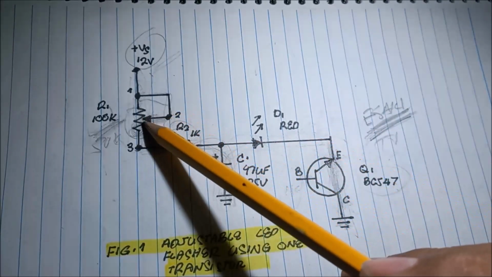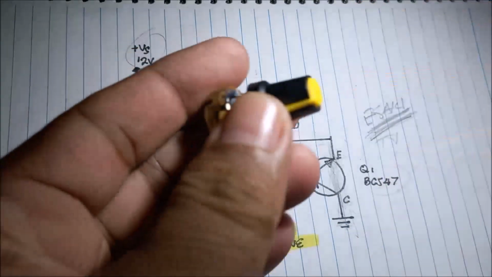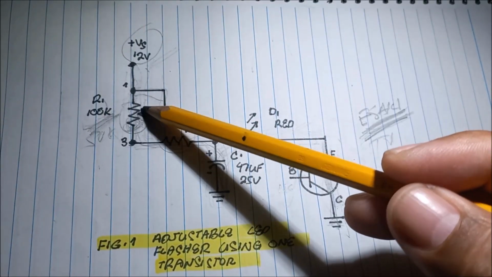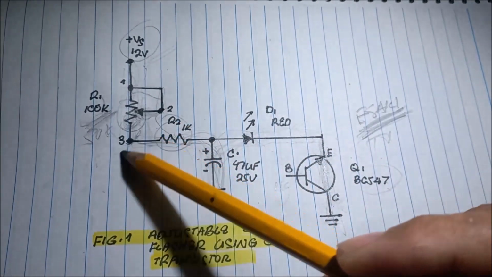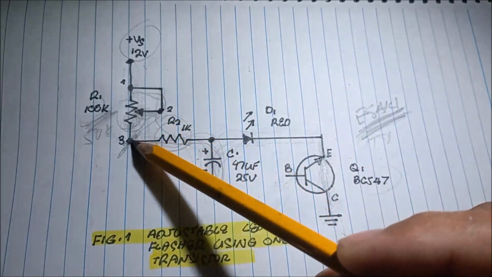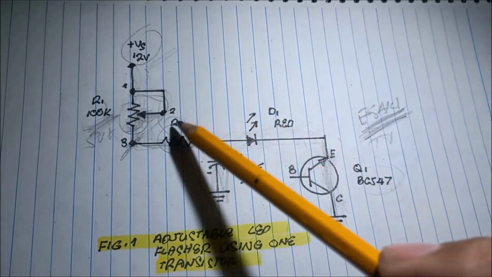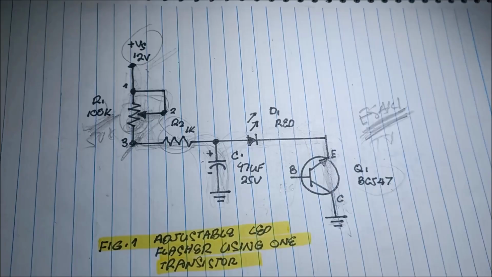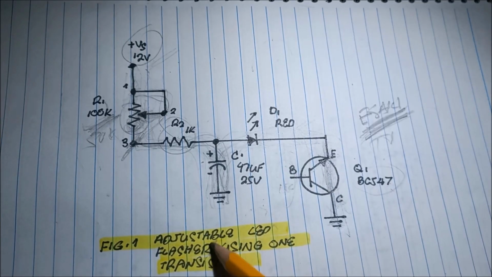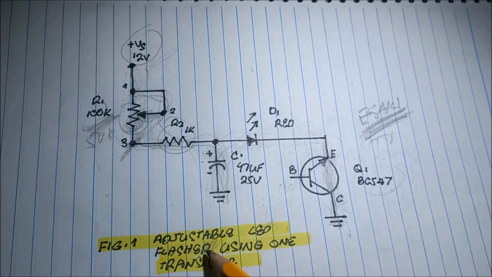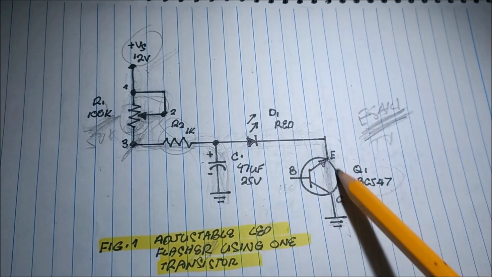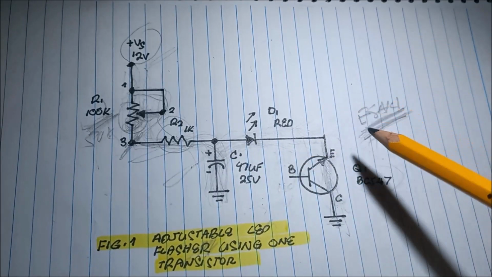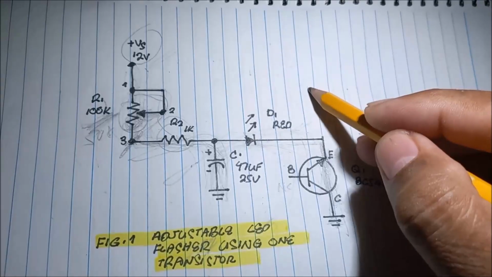Charge and discharge depend on the adjustment of our knob. So you can play. When the adjustment is somewhere here, it will have faster charging and discharging of the capacitor. Due to the charging and discharging, it will blink the LED, and we have this LED flasher. Charge, discharge, charge, discharge. So it blinks, and the effect is just like a strobe light.